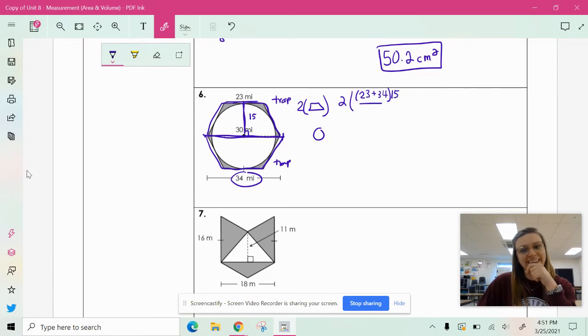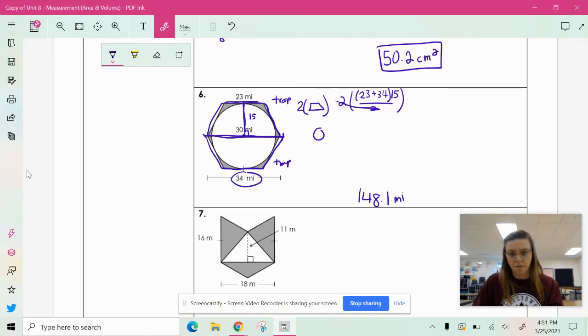Times 15 divided by 2. Now you'll notice the times 2 and the divide 2 go away, so I can just add 23 and 34 and multiply by 15. You can finish the rest of this. Your answer should be 148.1 miles squared.